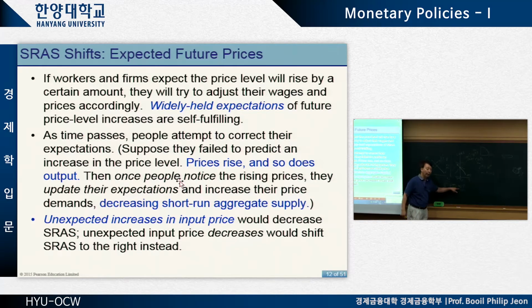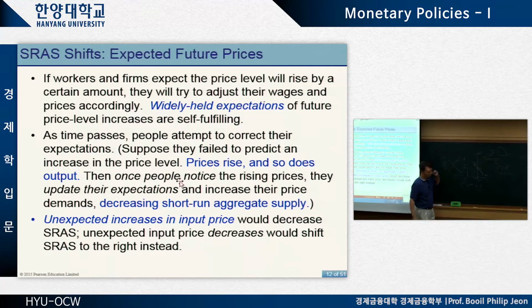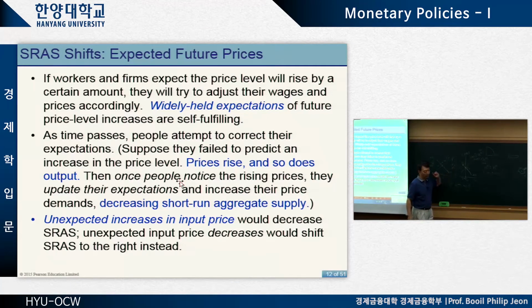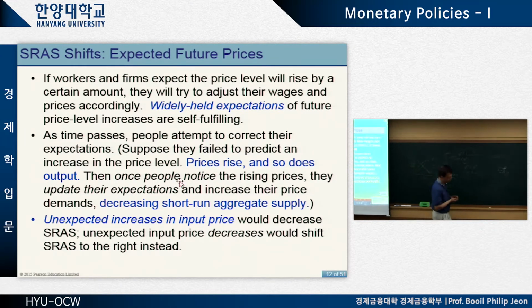And that means the labor supply shifted to the left or decreased, and that would cause the short-run aggregate supply curve to shift back. And finally, the price level would indeed rise. Self-fulfilling or self-realizing prophecy.